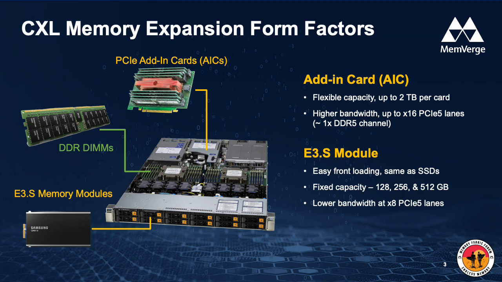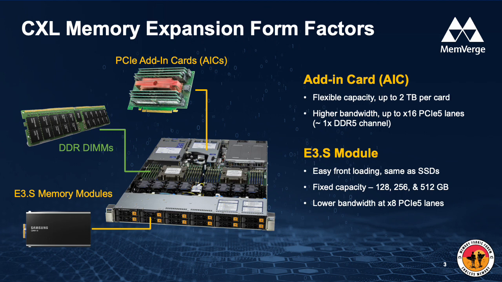The other form factor is the E3.S. So it looks like an NVMe drive, and you're intended to put these into the front of the servers, as we're showing here, very much like you would install front-loading SSDs. The disadvantage here is that they're typically only x8, so you've lost half the bandwidth necessarily from the add-in cards, but you can usually fit more of them into the system, so you can regain a lot of the bandwidth if you're able to fully populate a system here.